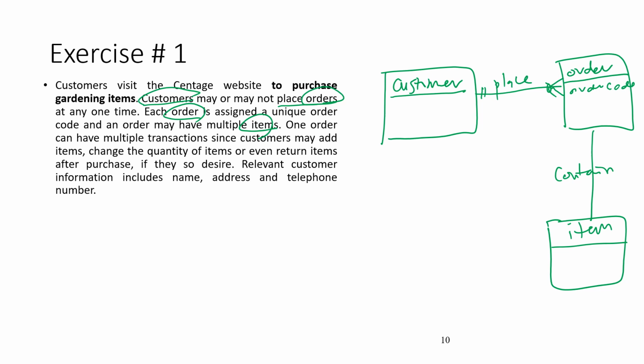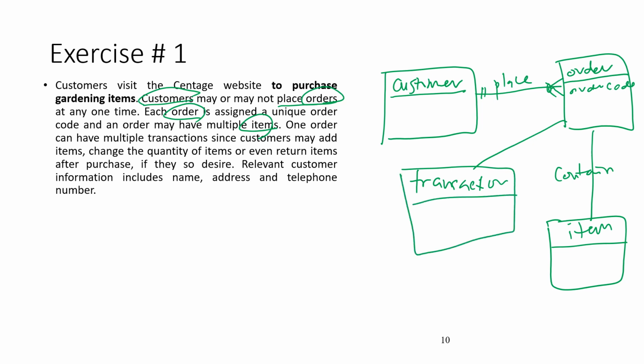This order can also have a transaction. Relevant customer information includes name, address, and telephone number. This is all the information given, so this is the basic ER that can be made given the information stated in the case study.